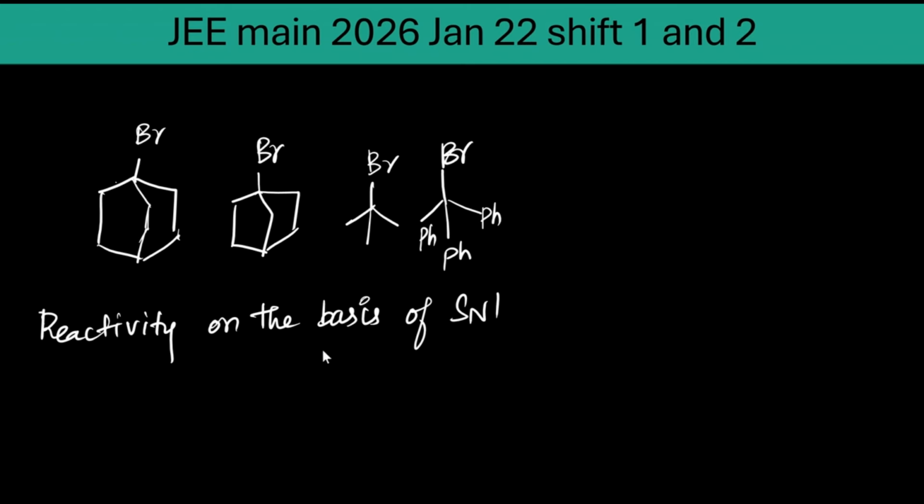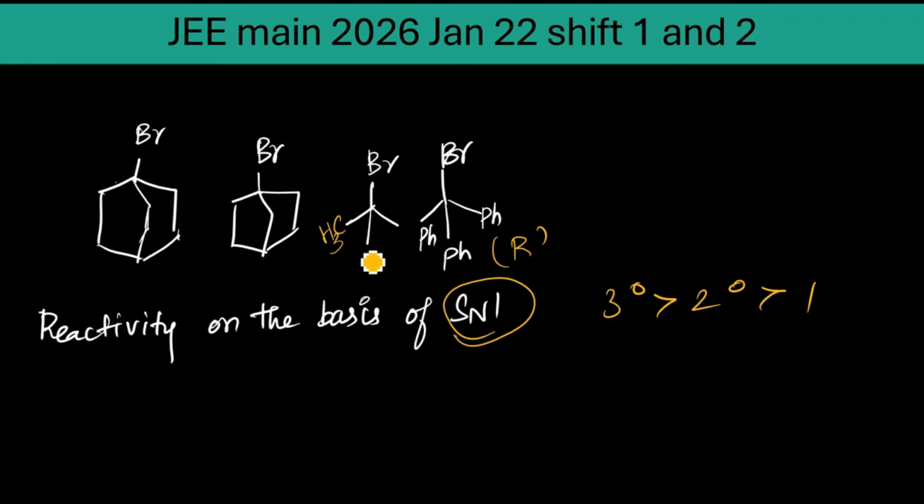Then this question, the reactivity on the basis of SN1. SN1 means it prefers tertiary, then secondary, then primary. Not only that, here we have bridged compounds too. Here you see resonance effects, and on this side I have a tertiary carbocation after losing Br.